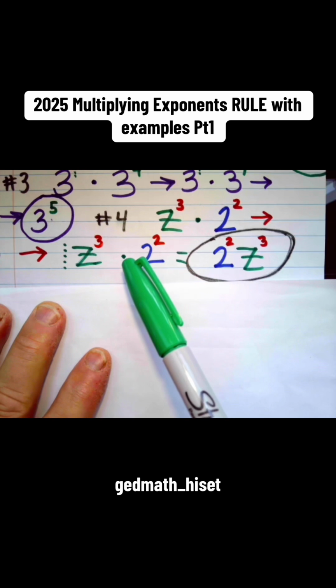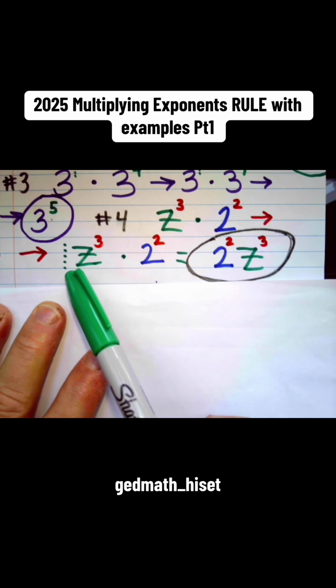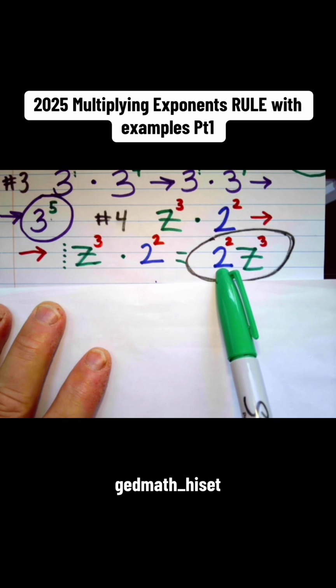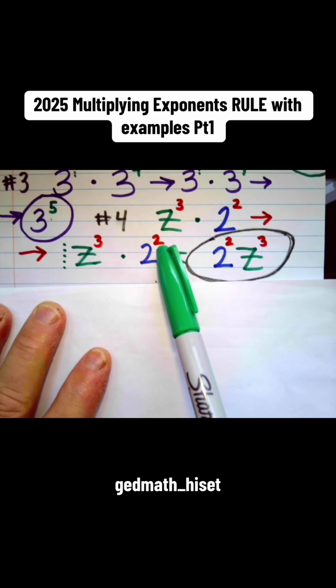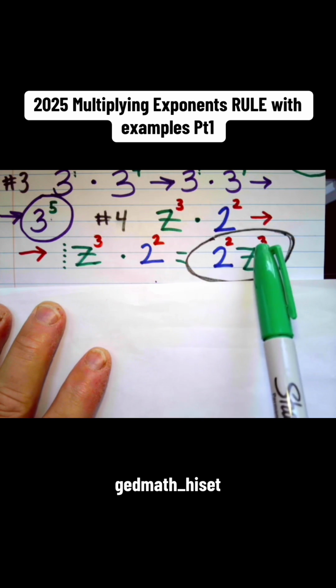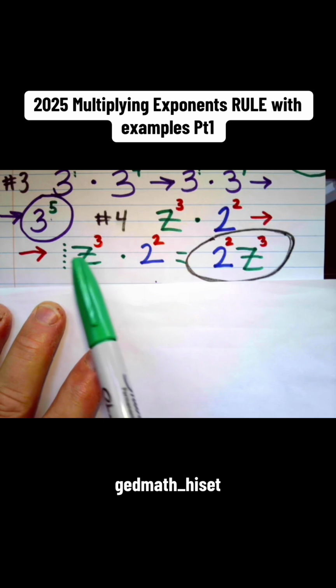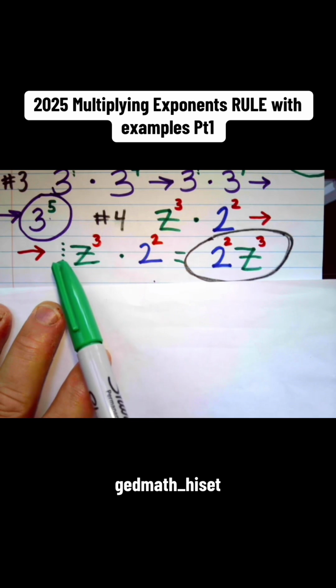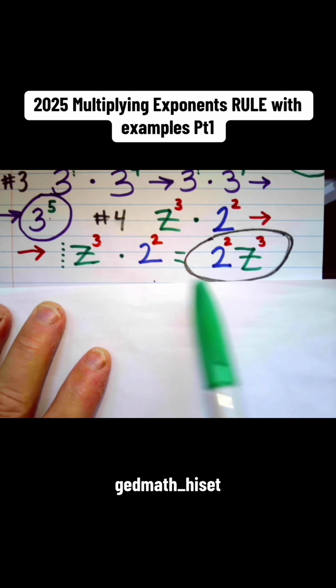Now we can multiply. What is 2 times 1? 2 times 1 is 2, and the 2nd power stays. And we keep that z to the 3rd power.